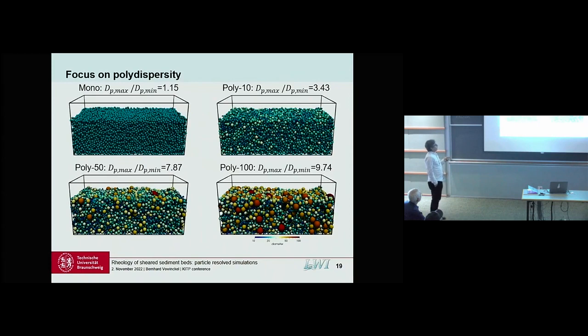So then we focus on polydispersity by varying the ratio of the largest to the smallest grain, and we denote it by monodisperse, and then we have poly 10, poly 50, poly 100. So the higher that number is in the poly label, the higher our polydispersity. And we see that those are the grain sizes that we get.